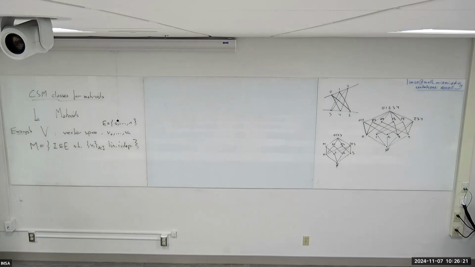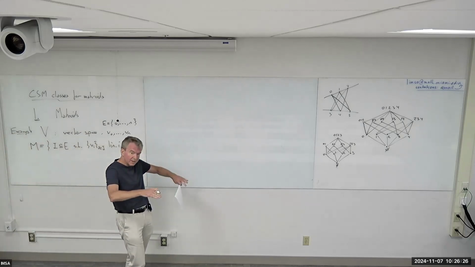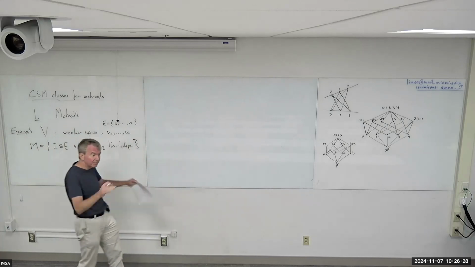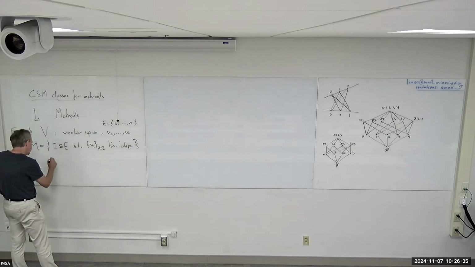Everybody can think about this. Take 3 vectors in space. Maybe they are linearly independent, maybe they are coplanar, and then you can just list all the linearly independent subsets of that set. And what you should think about is what axioms M satisfies.